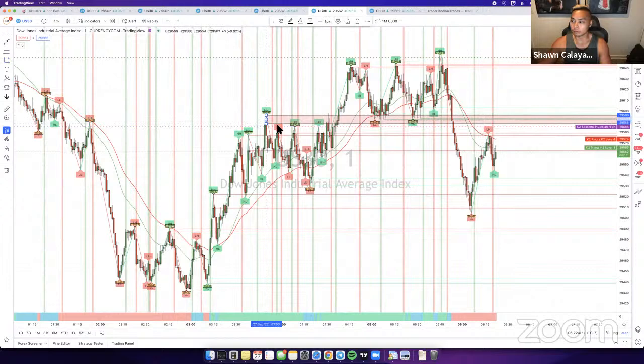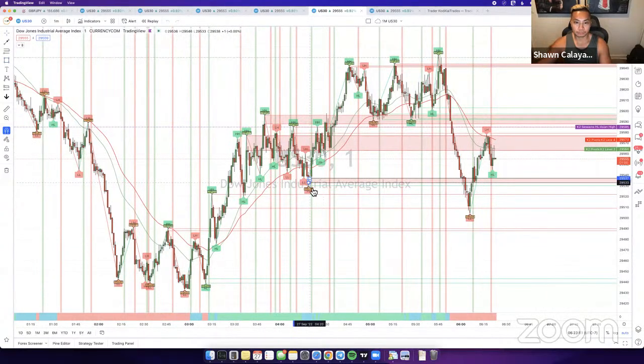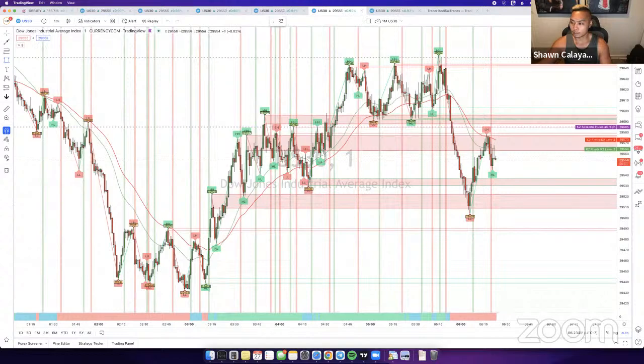There's a lot of overlapping zones here, so I'm going to have to make some changes after I draw the first couple of zones. I'm just going to draw the ones that are far out, and then I'm going to edit the overlapping ones.